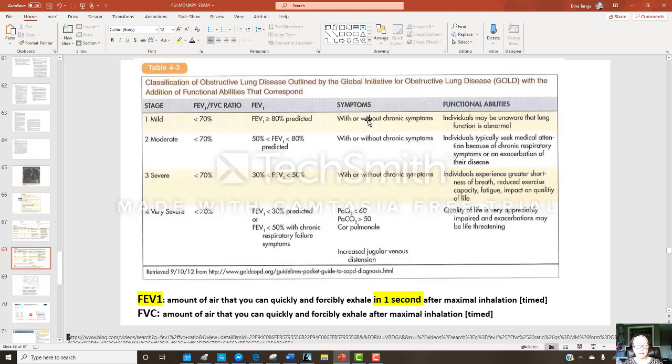So symptoms of mild, moderate, and severe with or without chronic symptoms for first, second, and third. Mild, moderate, severe, and when very severe, PaO2 less than 60 and PaCO2 more than 50.